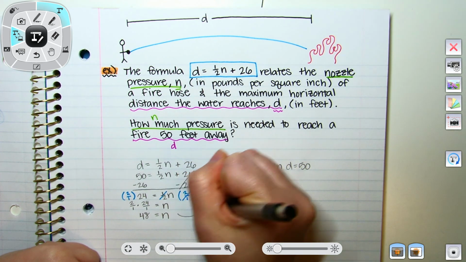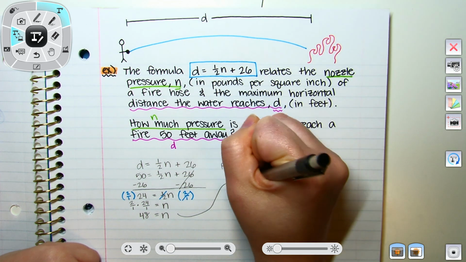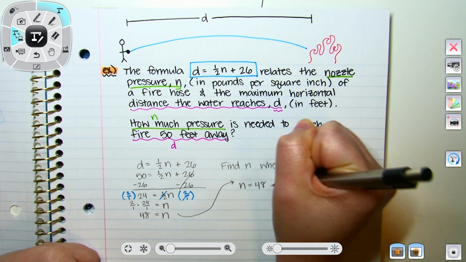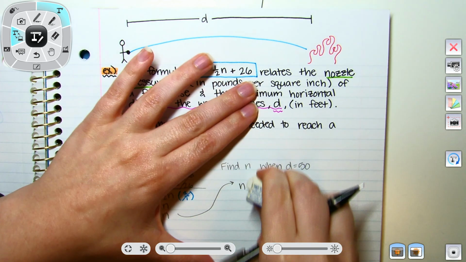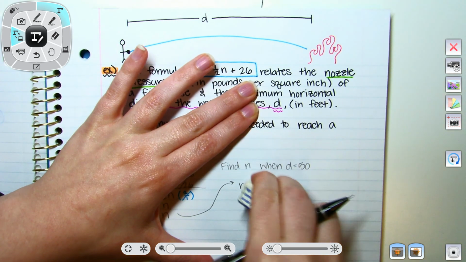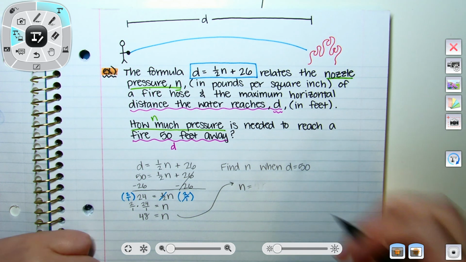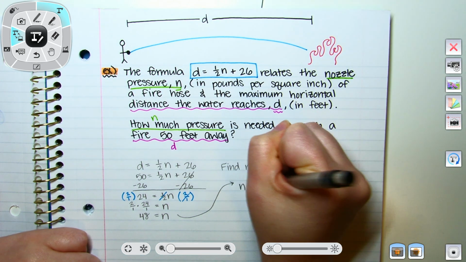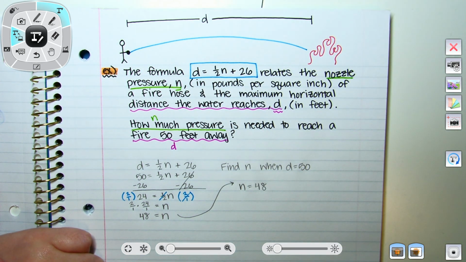So we know that N equals 48. Oops, that was a little hard to read. Fix with the 8. N equals 48. But this is a word problem, so we need to write what that 48 actually means.